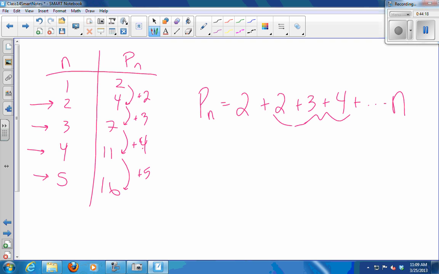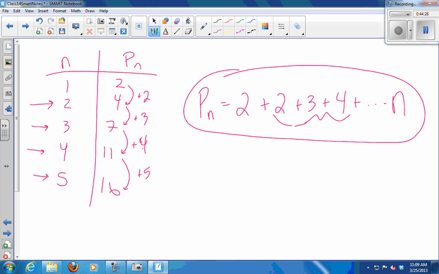So this is not the prettiest explicit formula. In fact, it's a little crazy. It's a hard one, for sure. Don't worry about it if it's a little tricky. So let's just check. Let's do P4. That says start with a 2, and then start adding 2 plus 3 plus 4 up until I get to n.